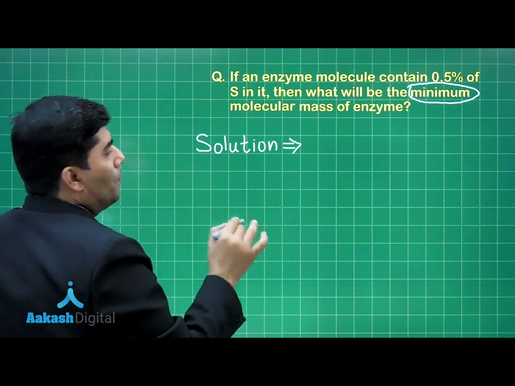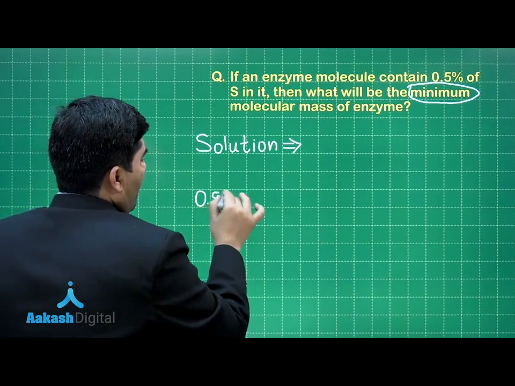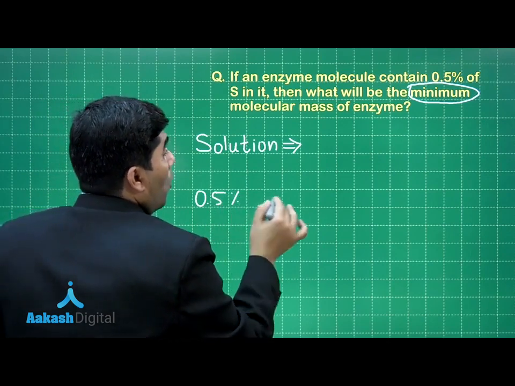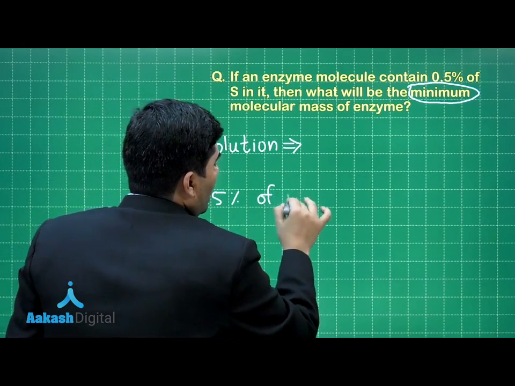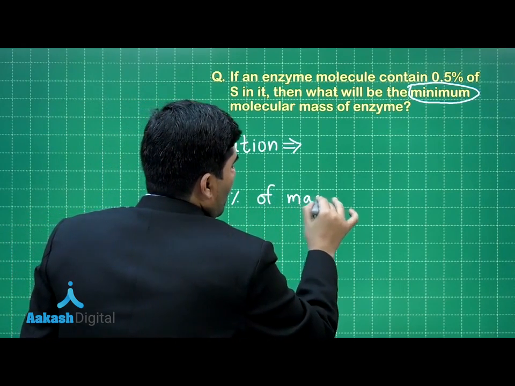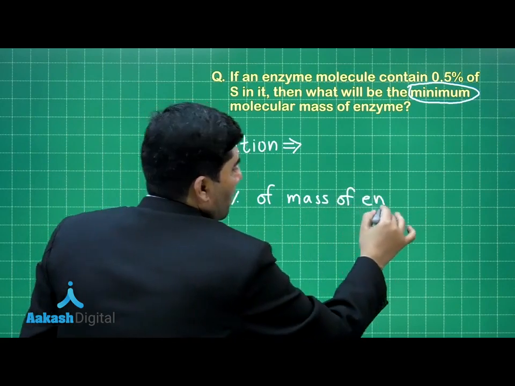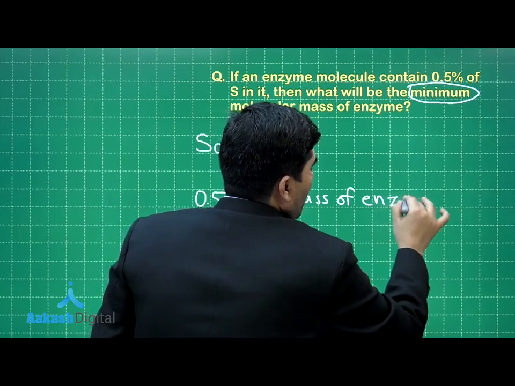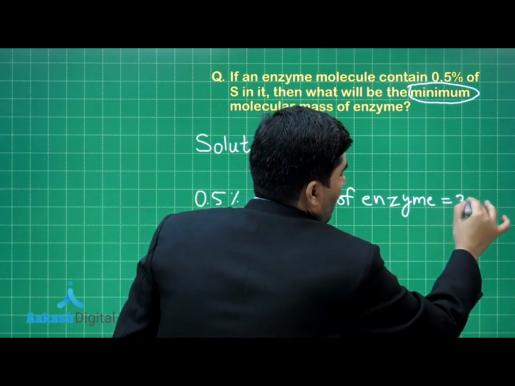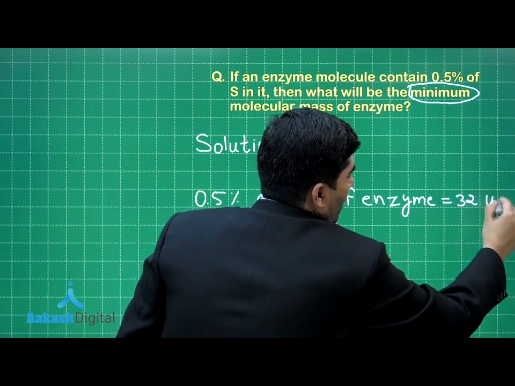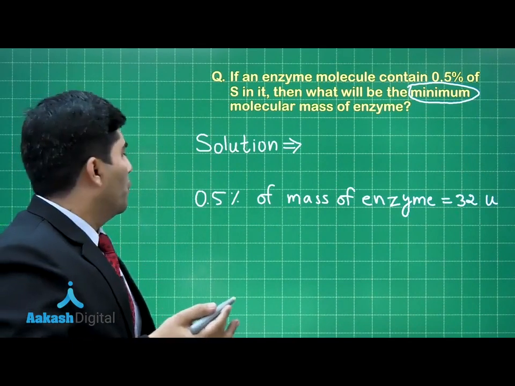Now 0.5% of that enzyme is equal to 32 U or AMU.